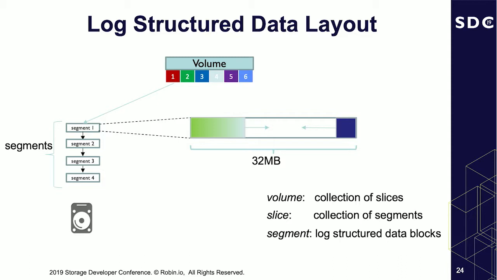Each segment in this example is 32 MB. When you write to a particular offset, the slice is mapped to a particular device, right? And when the data is to be written to that slice, a segment is allocated and it is written on disk. Each segment is self-contained in that the data and the metadata for the segment are written together.